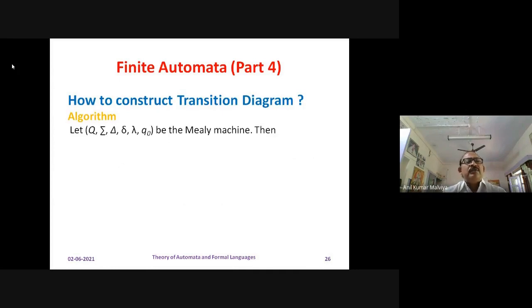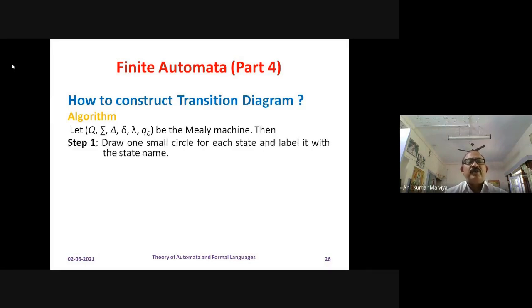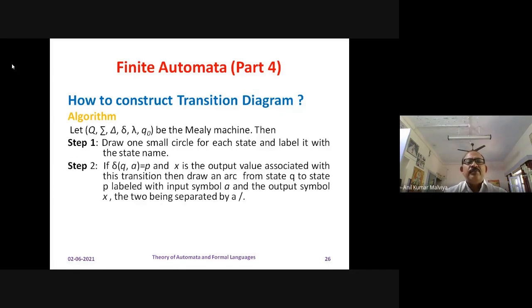Again, the question is, suppose we want to construct a transition diagram. So let us see how we will construct a transition diagram. Let us take a Mealy machine. Again, the first step: draw one small circle for each state and label it with the state name.